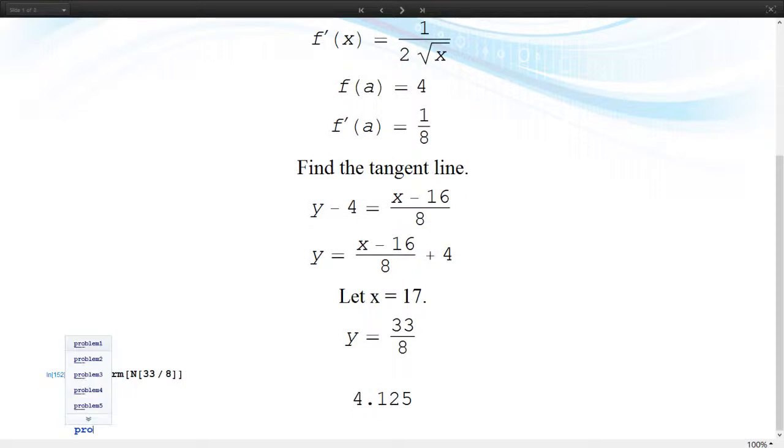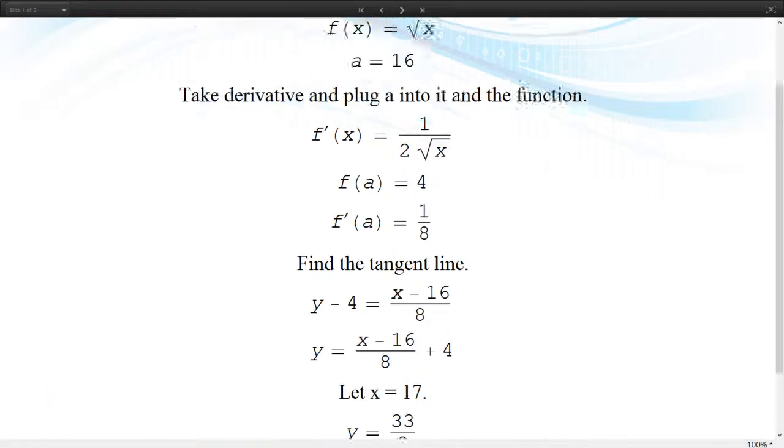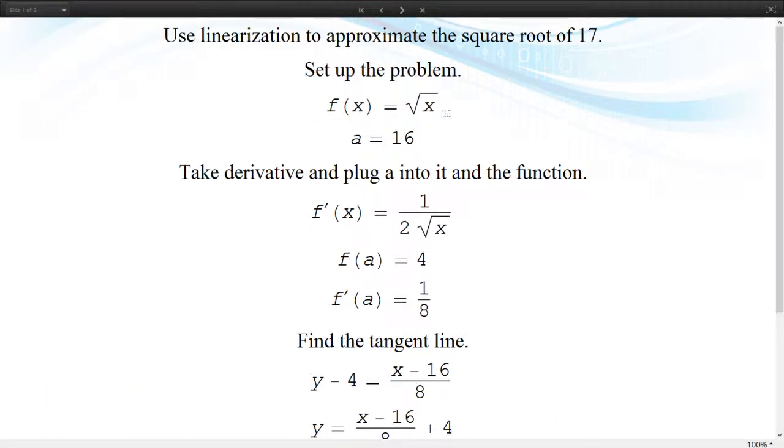So problem 6. Use Newton's method to approximate the square root of 17. As we said before, with linearization, we want the output of our function to be the value we're approximating. So the function is the square root. The output of the square root function is the square root of 17.